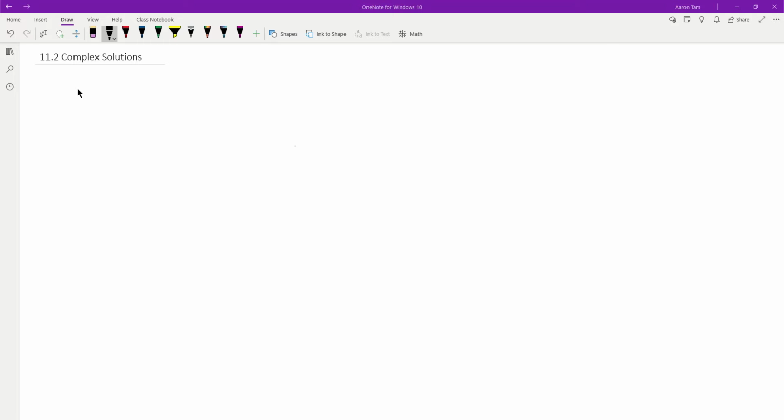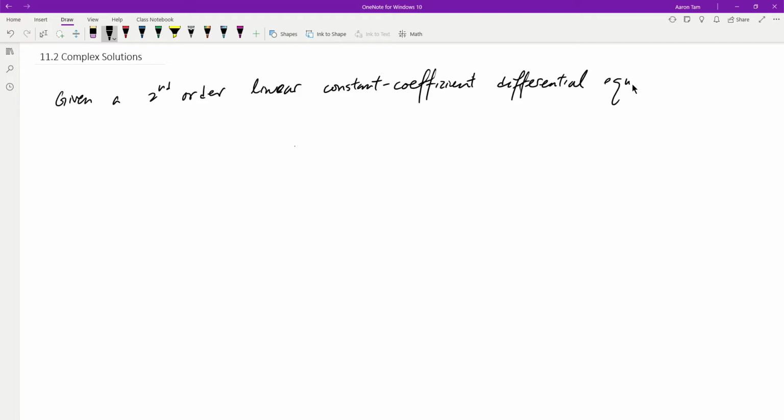So consider that from last section, let's say we're given a second order, linear, constant coefficient differential equation in the form of, let's say, y double prime plus by prime plus cy equal to 0.